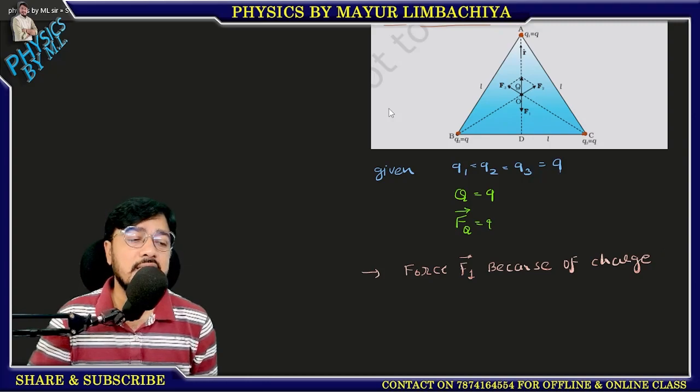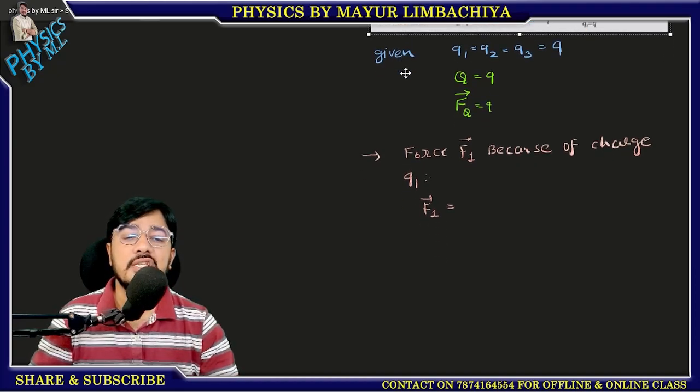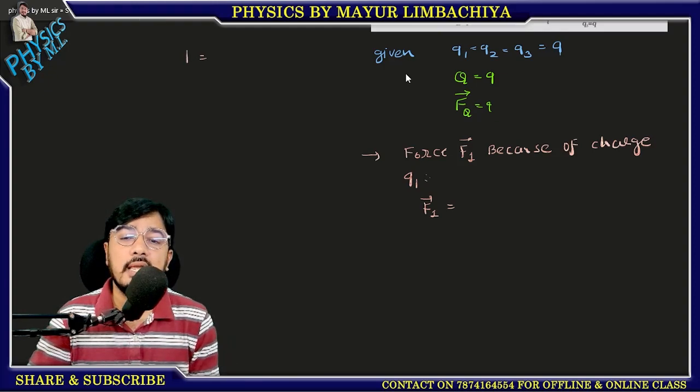Q is small here, so Q1. So what can we write? F1 will be, the equation is K. Sorry, F is equal to K Q1 Q2 divided by R square.